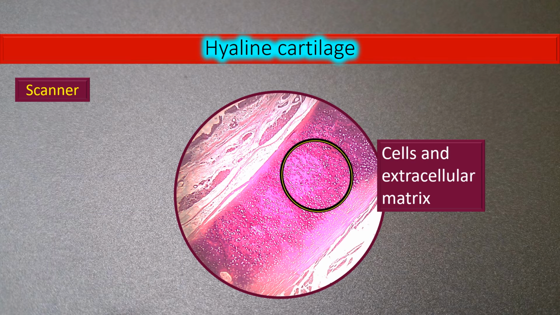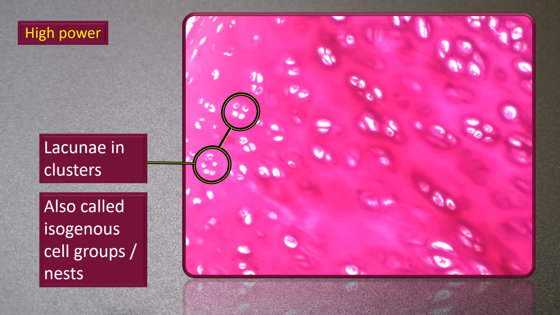Next, within the hyaline cartilage, when we describe the cells and the extracellular matrix, we notice that the cells are sometimes single, but more often they are in clusters. They are located within clearly seen gaps in the cartilage.